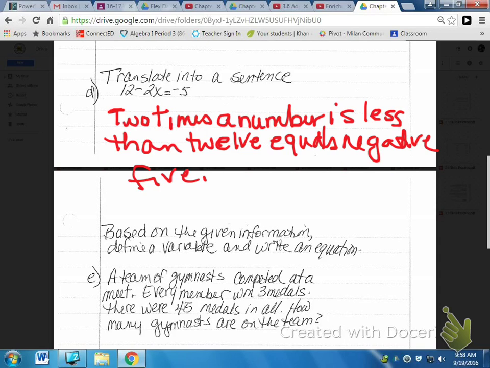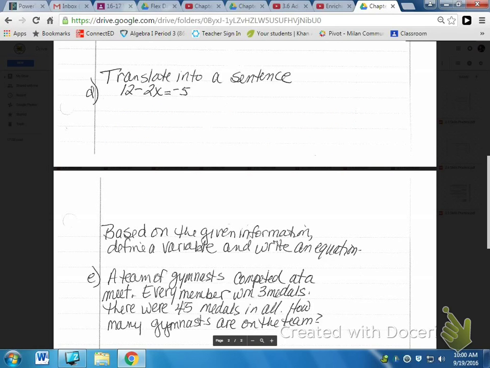Okay, that would probably alleviate the problem if you're worried about the is. 2 times a number is less than 12, yep, you're probably right. Probably should take the word is out of there. Oops, I did not mean to delete all that. Hold on, let me see if I can get that.